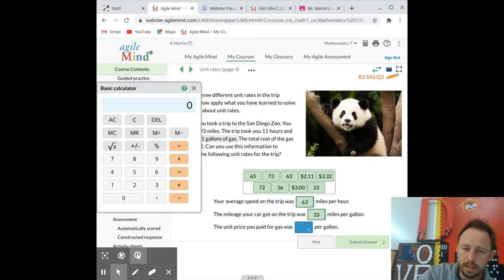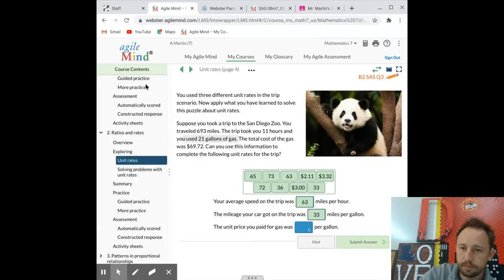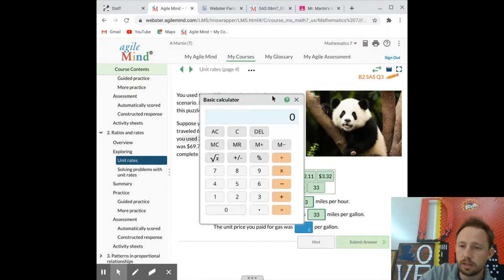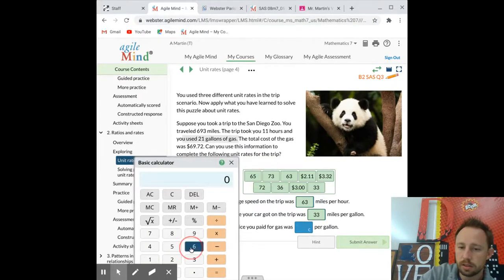Let's see here. Let's play the lottery, see who I get. Rachel, how do you find the unit price that you pay for gas? I divided the total cost of gas by the amount of gas that we use. Great job. All right. So what did you get when you did that? $3.32.